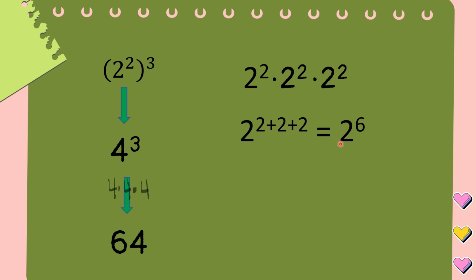So therefore we get 2 raised to 6. So this tells us that 2 squared raised to 3 is simply 2 raised to 2 times 3, which is equal to 2 raised to 6. Exponent inside multiplied by the exponent outside.